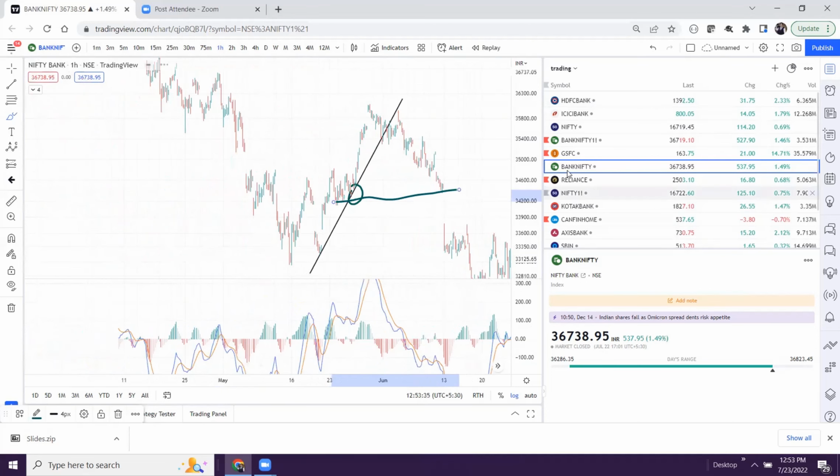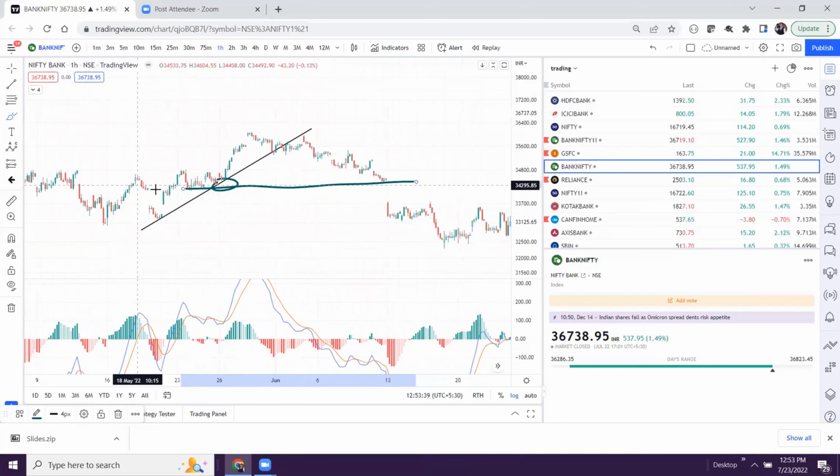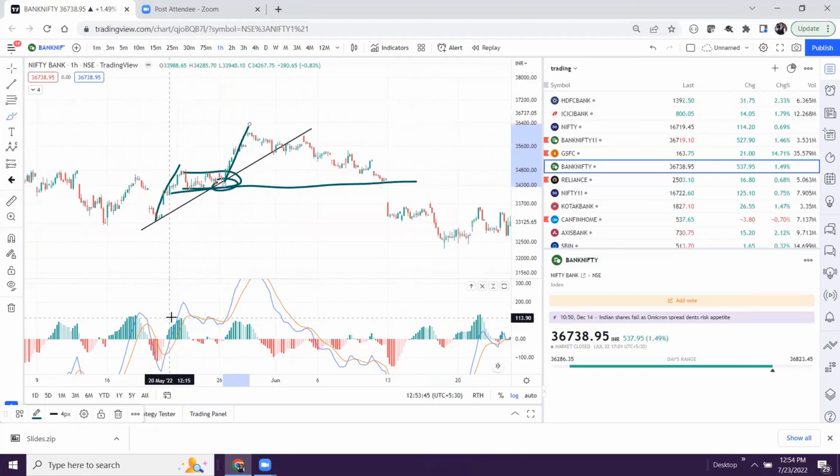But before that, if you focus on this part, this is one wave, this is the correction, and this is another impulse, and in between there is a divergence.